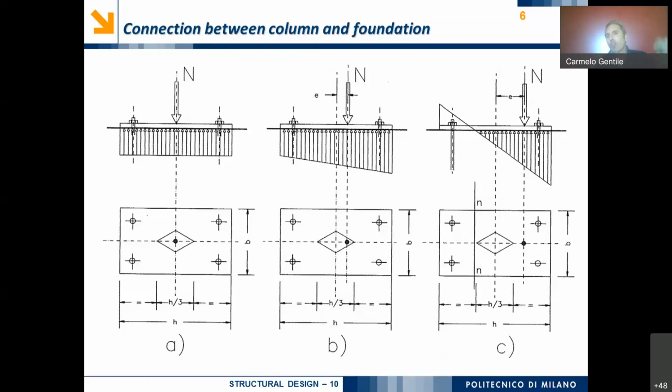But in addition, we have also a bending moment, and the value of the bending moment is N times the eccentricity e. And so, of course, a bending moment will induce a linear distribution of contact pressure. Why?